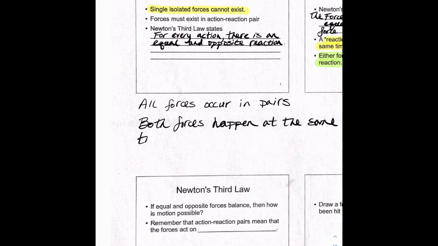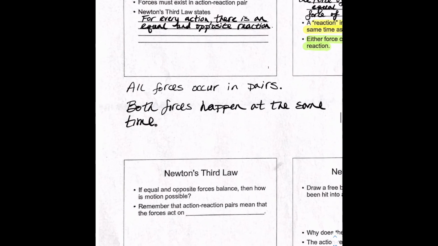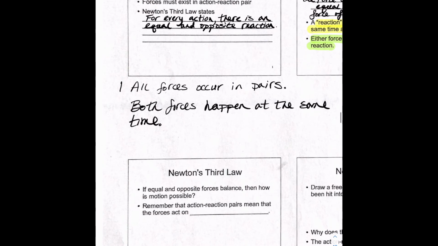What I'm doing here is gathering up some ideas of why Newton's third law is more than just for every action there's an equal and opposite reaction. And so far I've gathered up two parts of Newton's third law that are not directly stated in for every action there's an equal and opposite reaction.